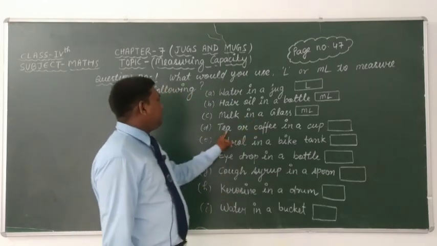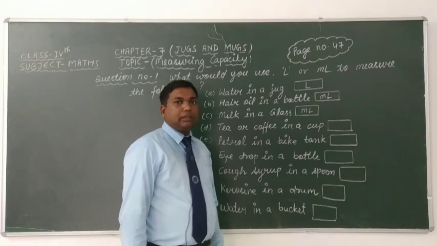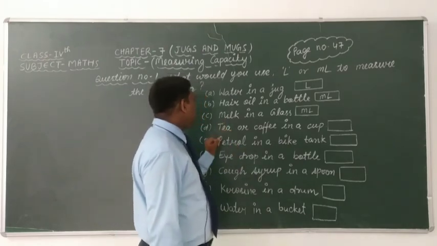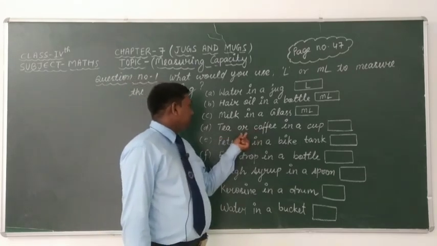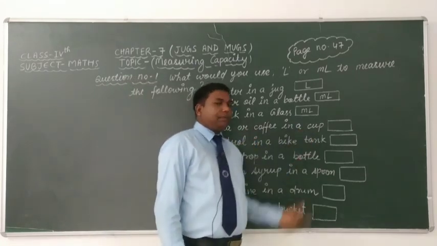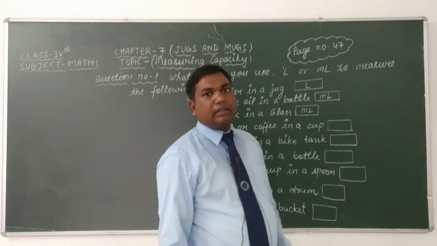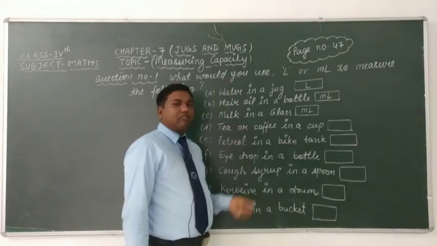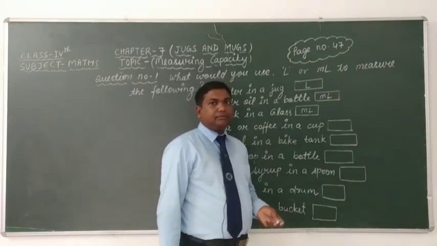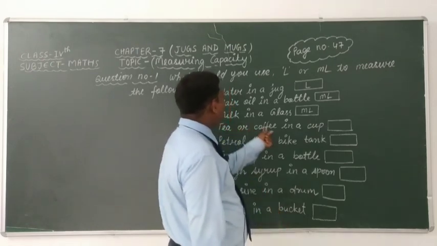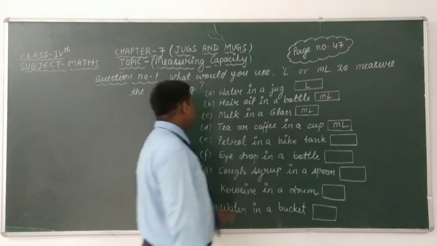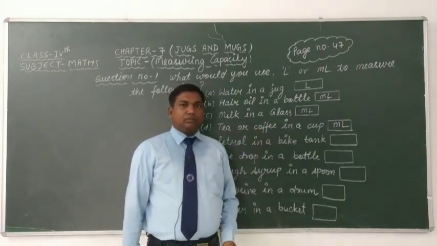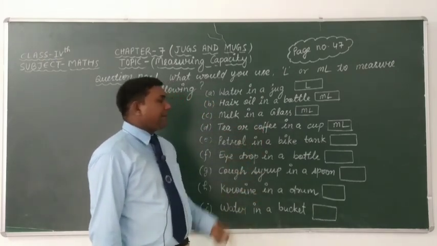Understand? Tea or coffee in a cup. Okay students, similarly we know that a cup has smaller quantities of tea or coffee. Therefore here we use milliliter to measure tea or coffee in a cup. Okay, petrol in a bike tank.